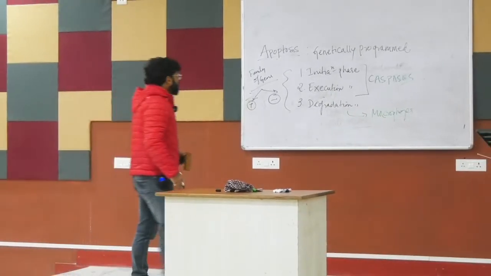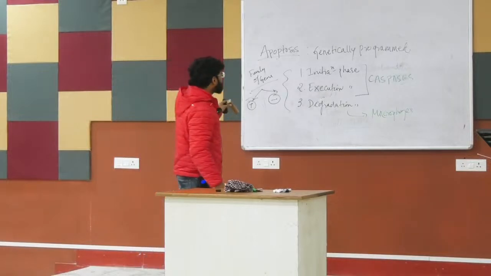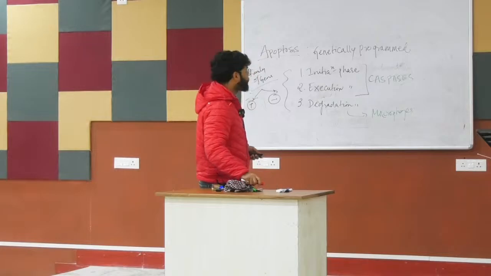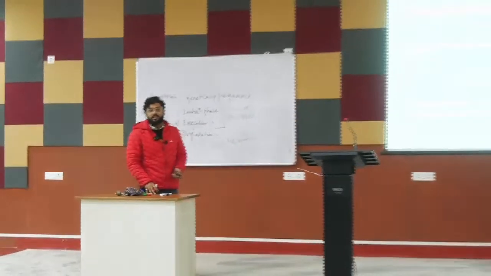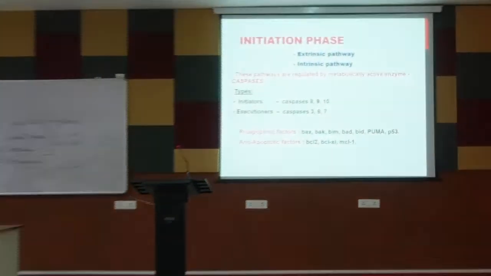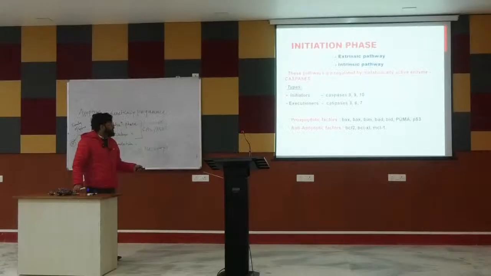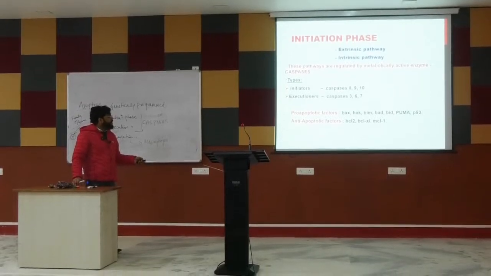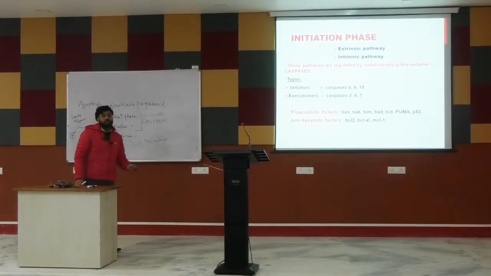What are the pro-apoptotic genes? These genes facilitate apoptosis: Bad, Bax, Bak, Puma, and P53. Among them, P53 is very important, but Bad, Bax, Bak and Puma are also pro-apoptotic factors.